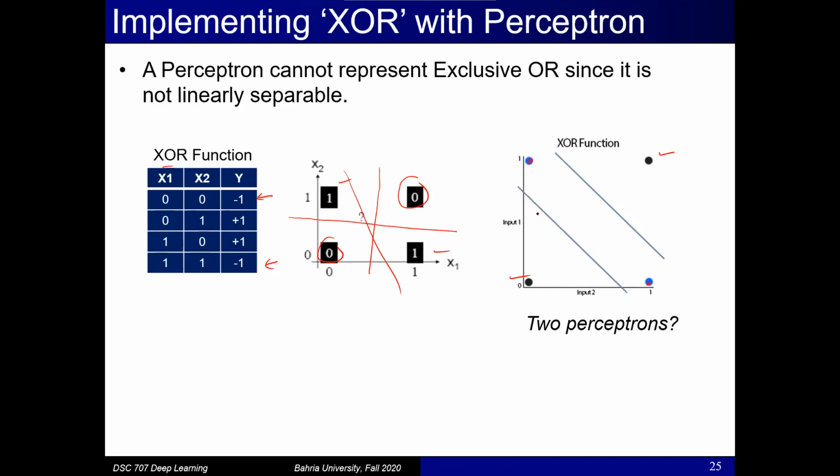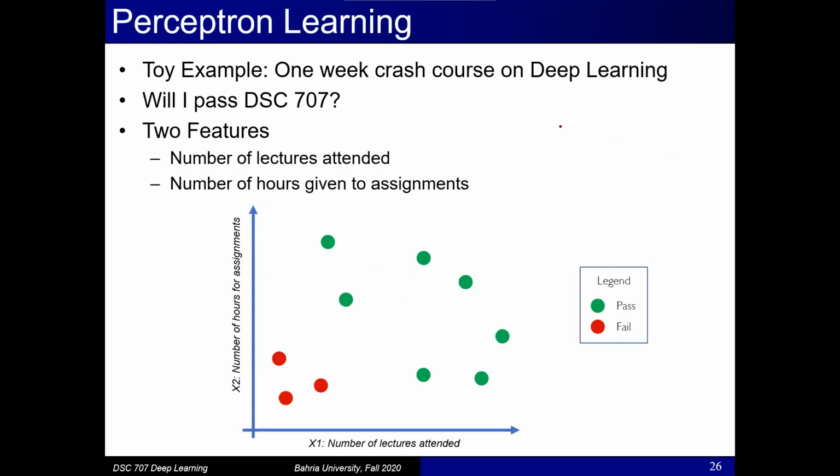If you want to solve this problem, maybe we will need to draw 2 different lines. So this exclusive OR problem, you cannot solve with a single perceptron. You will need something else, because a perceptron can only solve a problem where classes can be discriminated by a straight line, a linear decision boundary. That is a problem that you can solve using a perceptron.